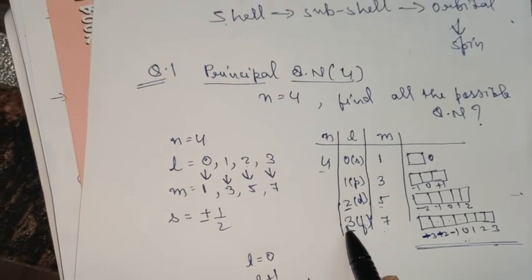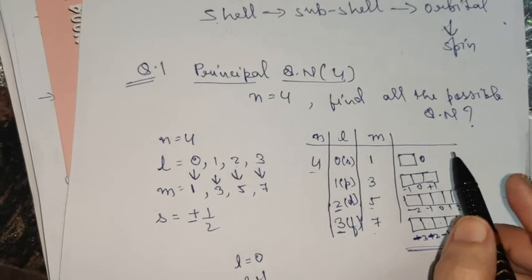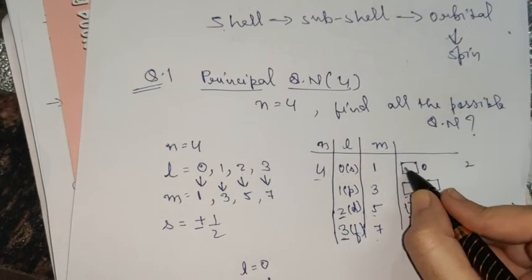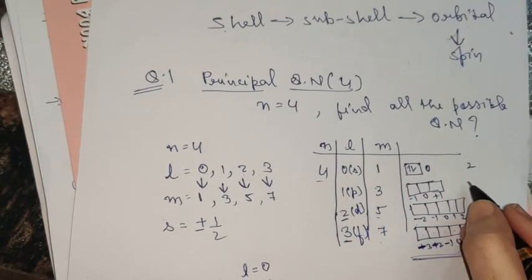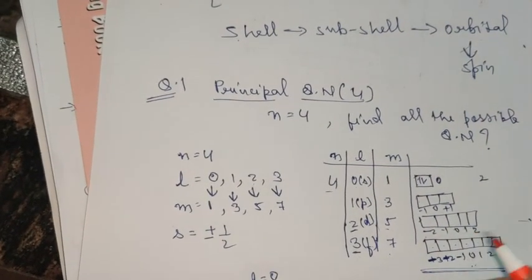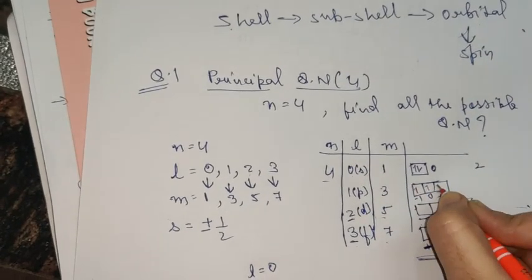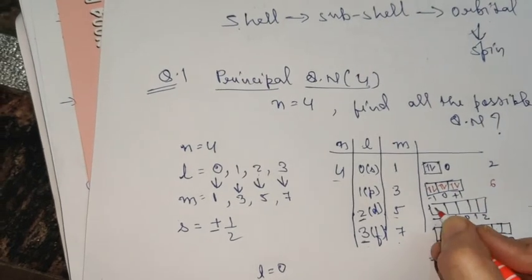This is very important. And as I told you, each orbital can hold 2 electrons. So this can hold 2 electrons. Electron filling is like this maximum, and this can hold 6 electrons, because each box can have 2 electrons, therefore total 6 electrons.